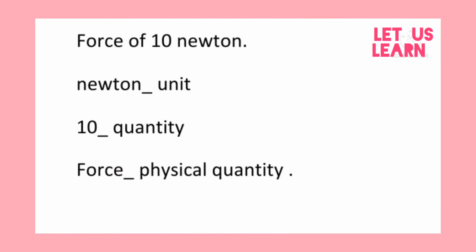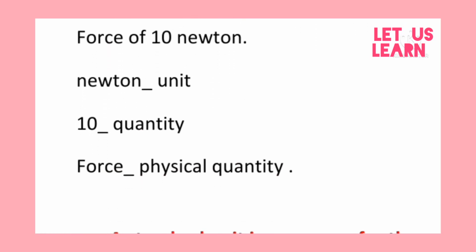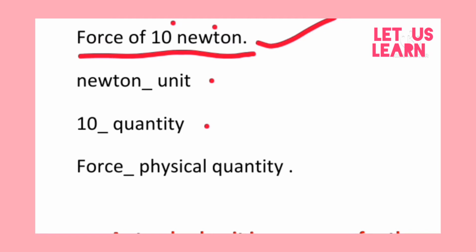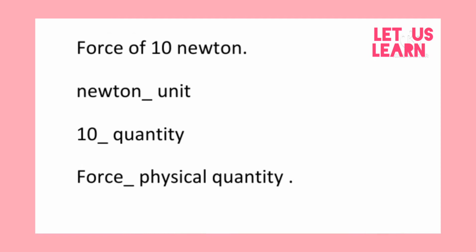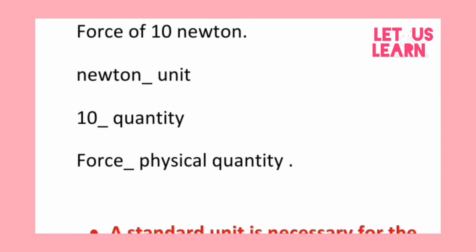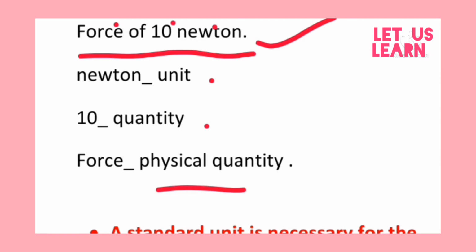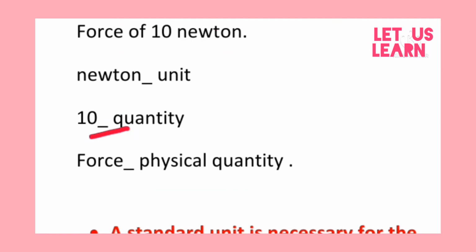For example, a force of 10 Newton is applied on an object. Here Newton is the unit, 10 is the numerical value, and force is the physical quantity. These are the very basic points which a science student must be aware of.